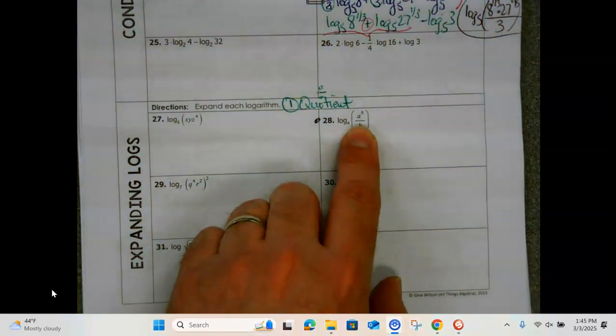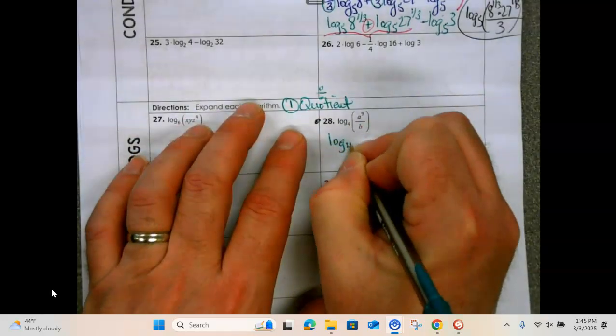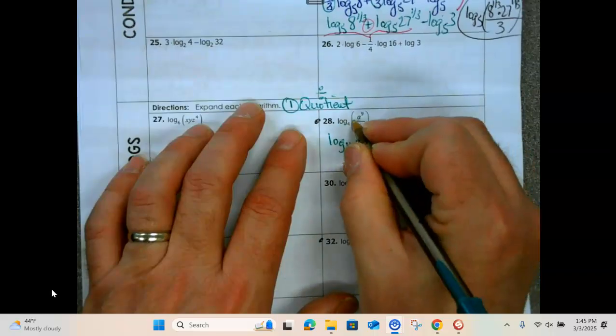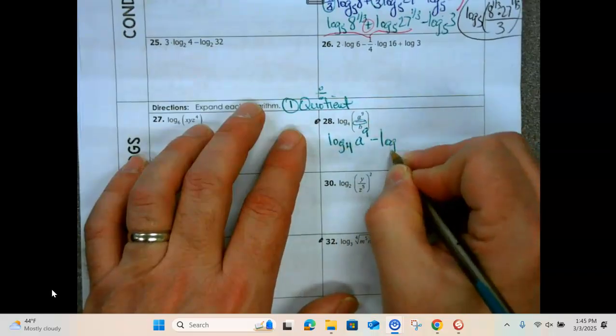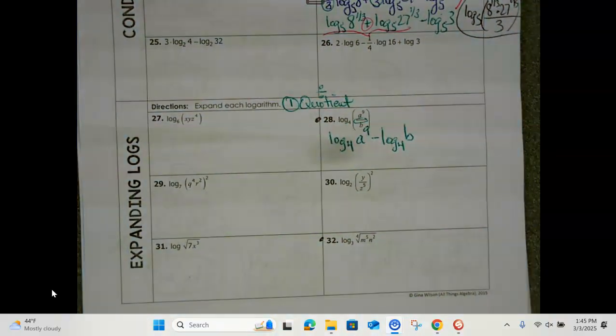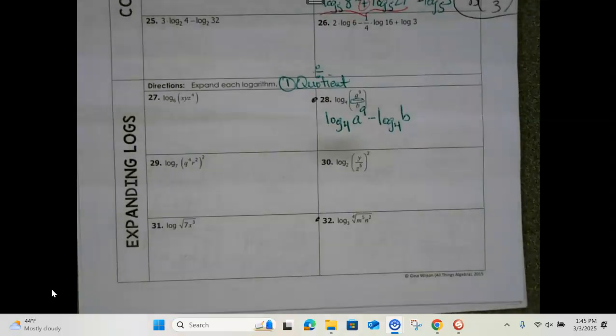I see division, it's right there. So when we're expanding, when you see that division sign, that's when we put the new log in here. So divide becomes subtract.